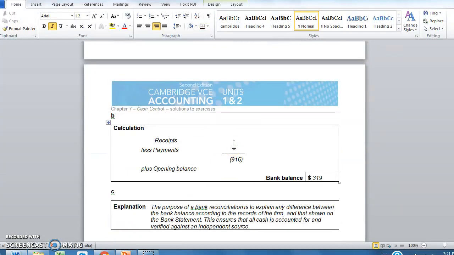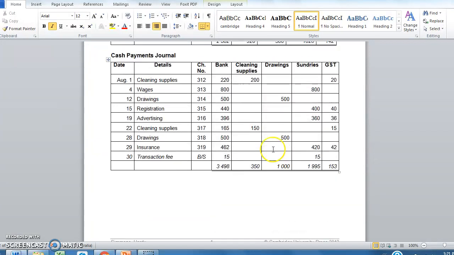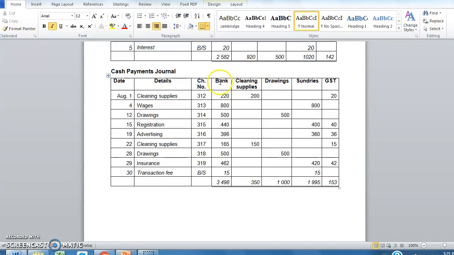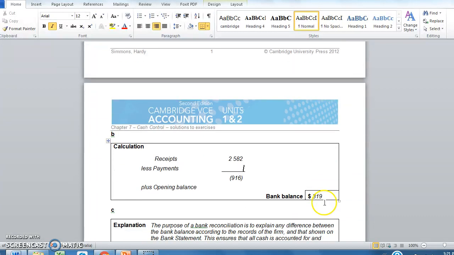We said our receipts are 2,582. And how much are our payments? So we go up, cash payments, we have bank, 3,498. So negative 916. Why is it negative? Because our receipts less payments is a deficit.